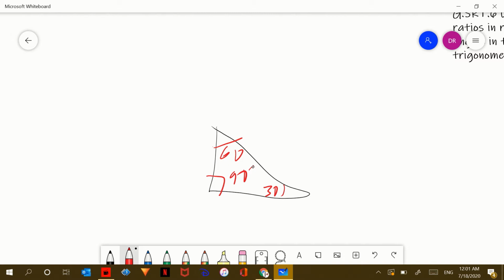So the hypotenuse has to be the greatest because its corresponding angle is the greatest. Then this side has to be the second greatest because its corresponding angle is 60 degrees. So there's a 1, square root of 3, 2 ratio. The side opposite the 30-degree angle is 1, opposite the 60 is square root of 3, and opposite the 90 is 2.